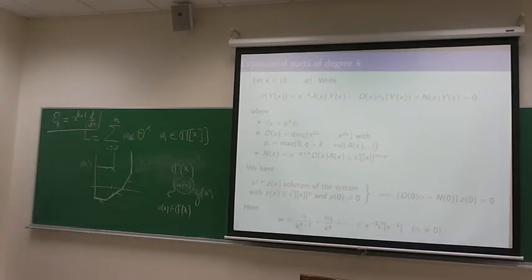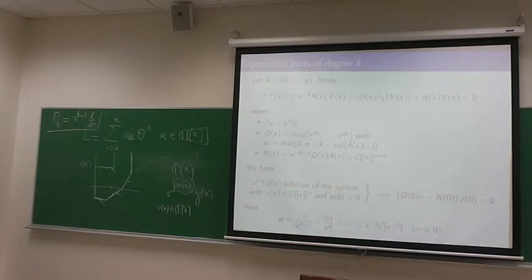Then you can, in a trivial way, rewrite this system in this form. So now we work with this new derivation, and D and N are matrices with power series coefficients, Taylor series. There is no meromorphic term now here.